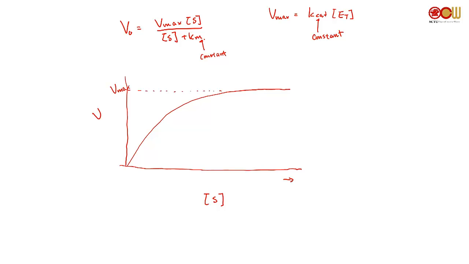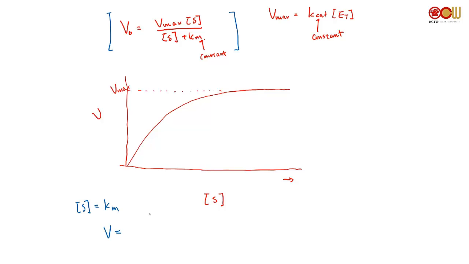Now, I want to show you something very interesting. If you look at the Michaelis-Menten equation here, there's a special case where substrate concentration is equal to Km. Then what happens?